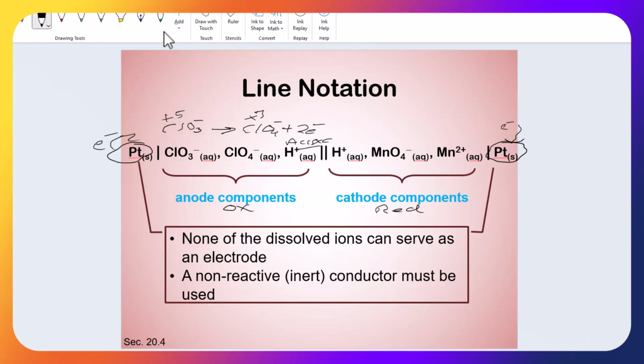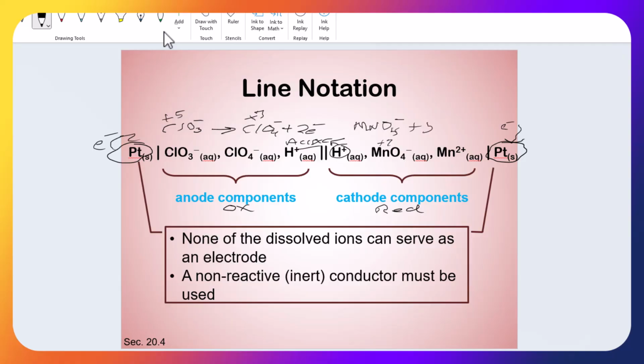And then over here, again, this is just indicating that we have this reaction in an acid solution. It's under acidic conditions. And we have permanganate, MnO4 minus, and this is plus 7 going to plus 2.